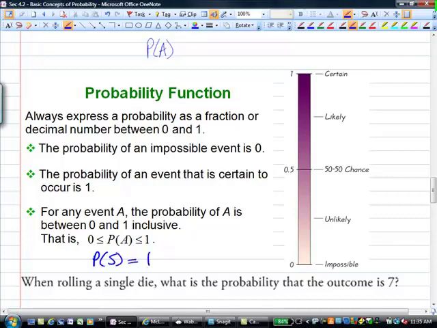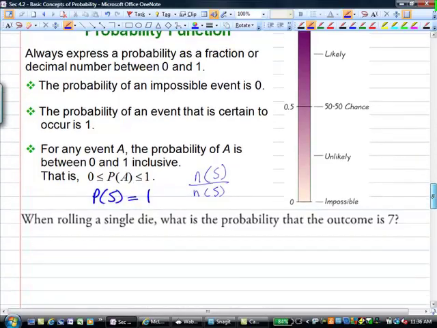If we consider every possible outcome and we take the probability of the sample space, that has to be equal to 1. Because how did we find probabilities again? We took the number of elements in our event and we divided by the number of elements in the sample space. So if this truly is our sample space, we're going to have the same value on top as we have on bottom here, which means the probability of the sample space is 1.